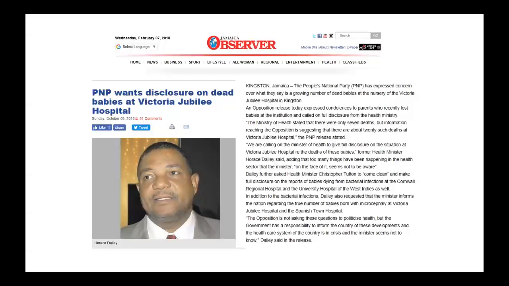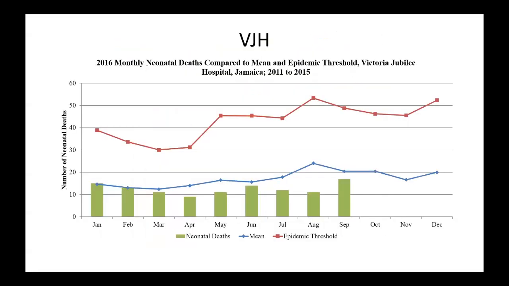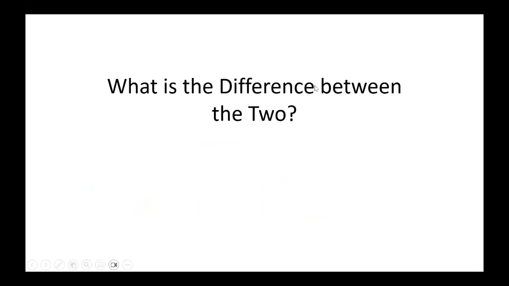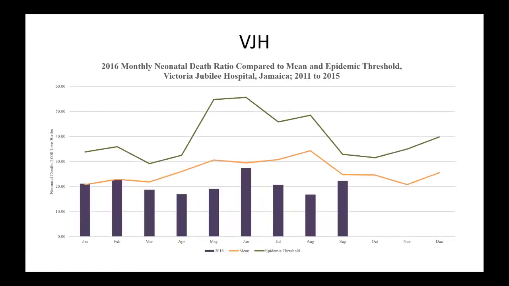I remember, people don't remember that, dead babies at Victoria Jubilee. This was a 2016 thing. When we did the data analysis, yes, in September, babies died. But this is the mean, so it was below the mean and below. So we have to do it.